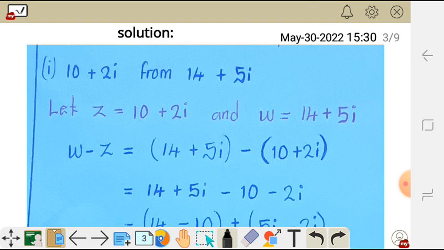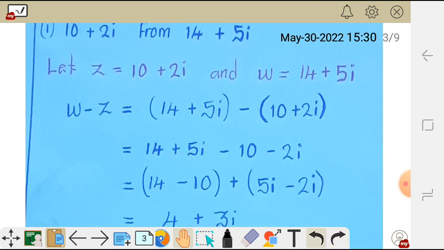After that, you open the brackets and subtract the real part with the real part, and the imaginary part with the imaginary part. So we are going to open the bracket first. If you open the bracket, negative times that 10 will be negative 10, and negative 1 times that 2i will be just negative 2i.